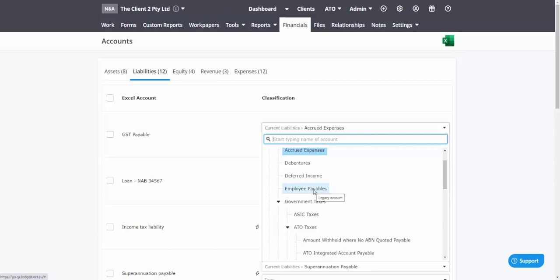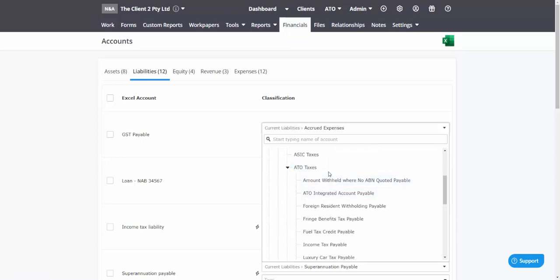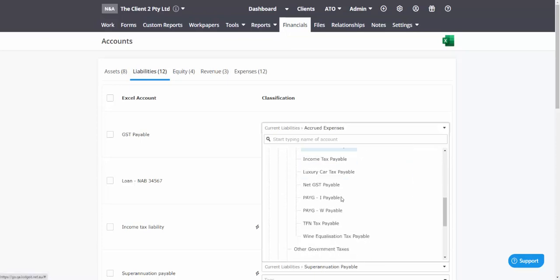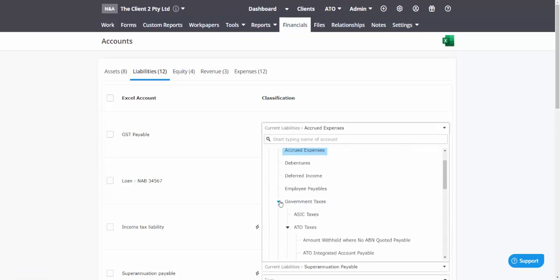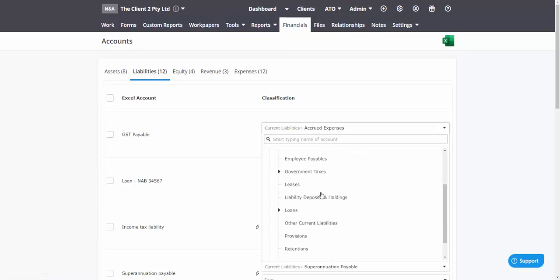Employee payables, things like, for instance, you might have some wages you haven't finished paying. Government taxes, you'll see we break these out quite specifically into all the different tax types you could possibly have. Leases, so if you've got lease payments outstanding.